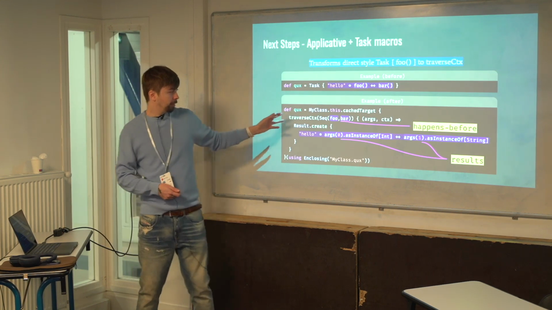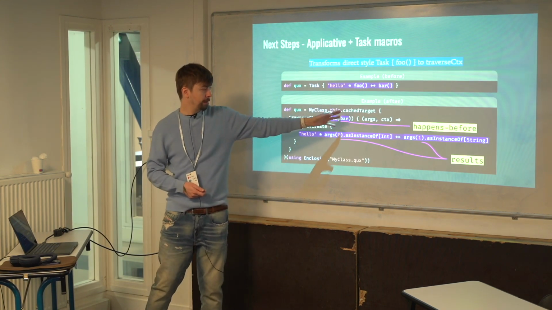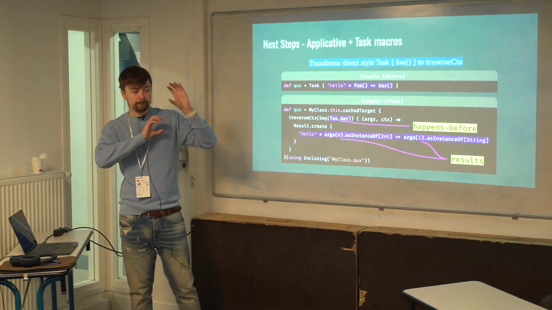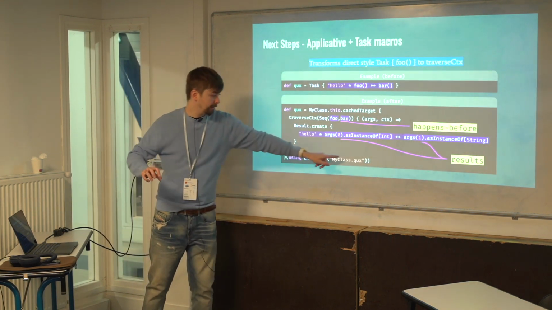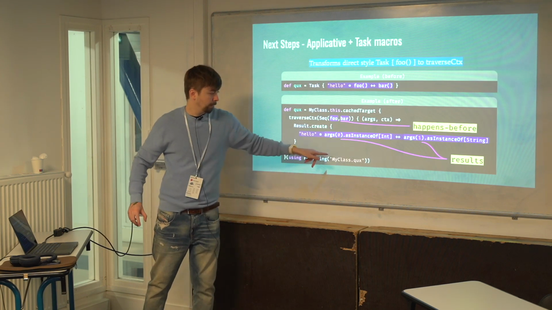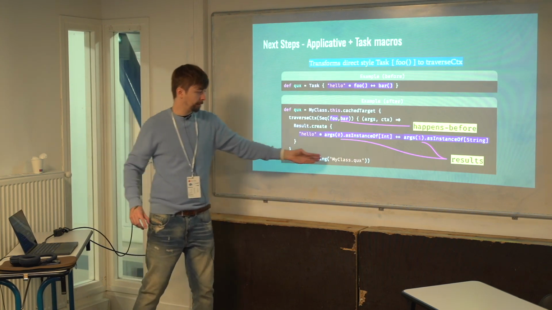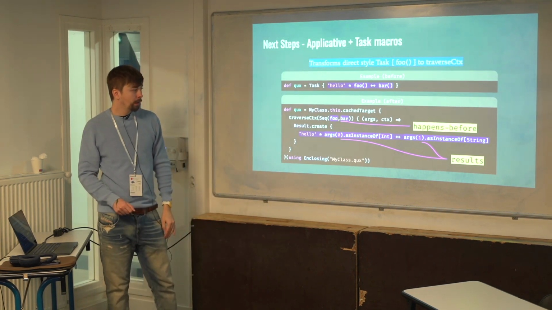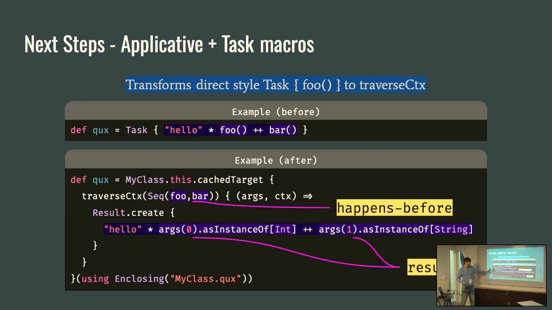So what is this? First, we have cache target, and that basically just receives some no-arg lambda and stores it in a hash map with basically a path to say the task called myclass.cukes. So yeah, we store this in a hash map.